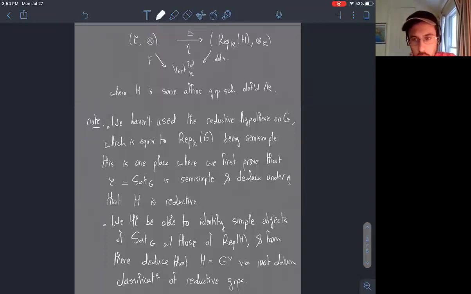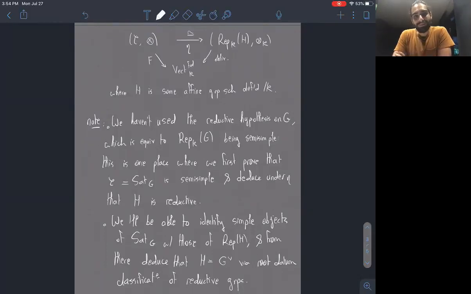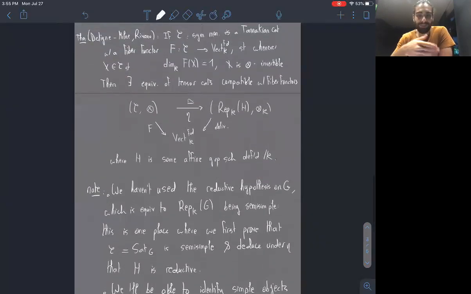Good, yeah. Any other questions? Yeah, what happens if you take representations of a non-affine group scheme? Is that still Tannakian? The only version of this Tannakian reconstruction theorem that I'm aware of gives you an affine group scheme as the output. So I'm not quite sure whether there are variants. Right.